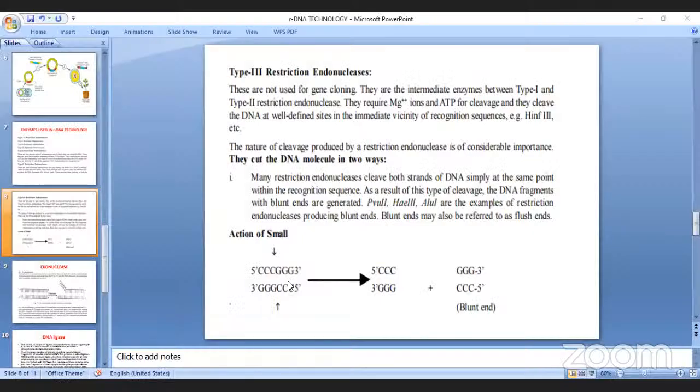Only at the place of the palindromic sequence, this type 2 restriction endonuclease cuts the DNA fragments. That is about type 2. Let's see type 3.